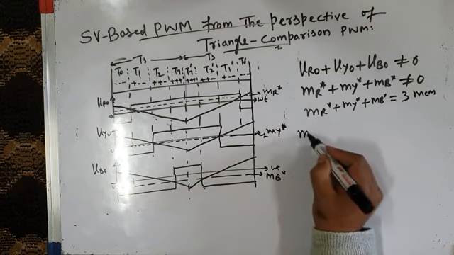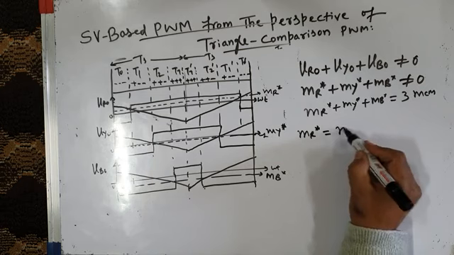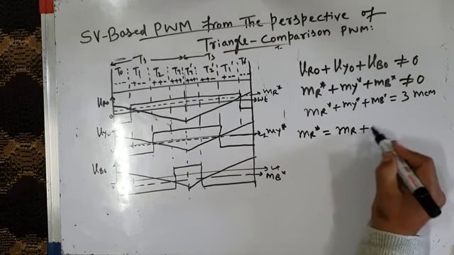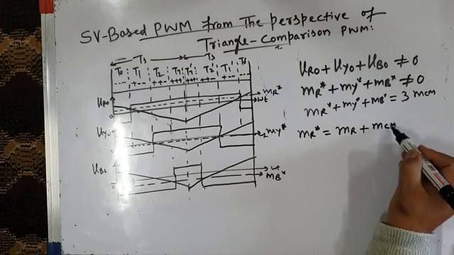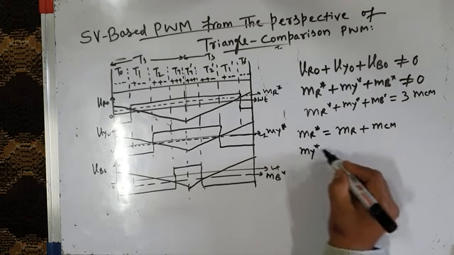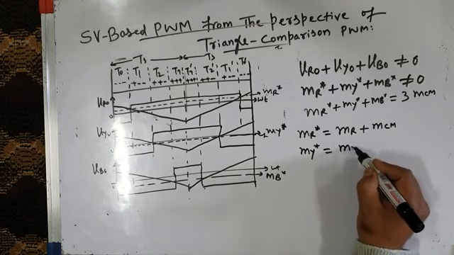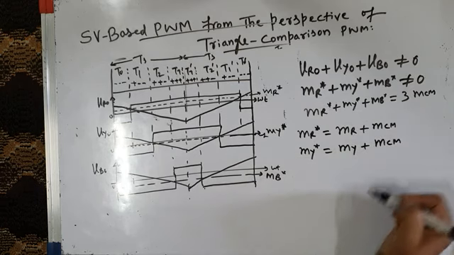Because what is your MR star, the modified modulating wave for phase leg R? It is the original sinusoidal modulating wave plus common mode signal, MCM. What will be the nature of this common mode signal? We will find that in a minute's time. Similarly, the modified modulating wave MY star is the original sinusoidal modulating wave MY plus the same common mode signal MCM.